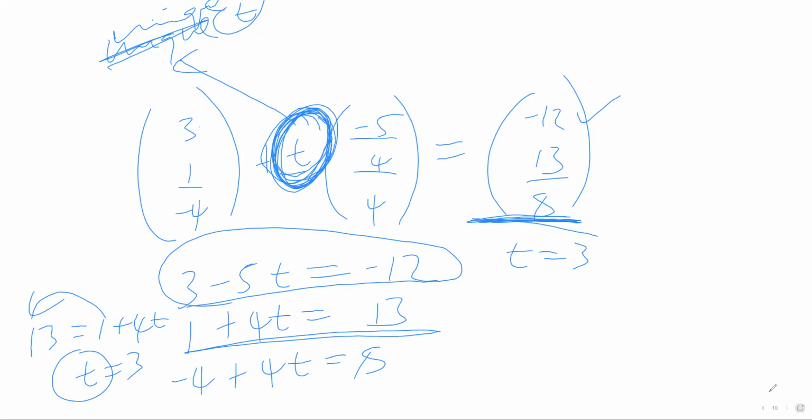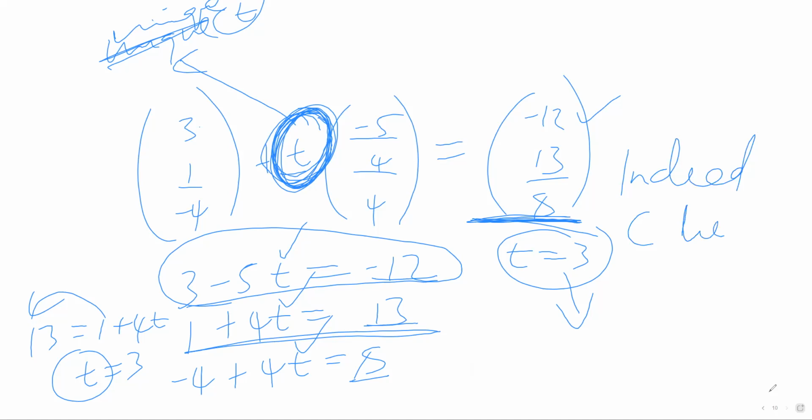Now you see that this 3 satisfies all the equations. When you substitute there, you get negative 12. When you substitute here, you get 13. When you substitute here, you get 8. So t exists. So indeed, c lies on the line.